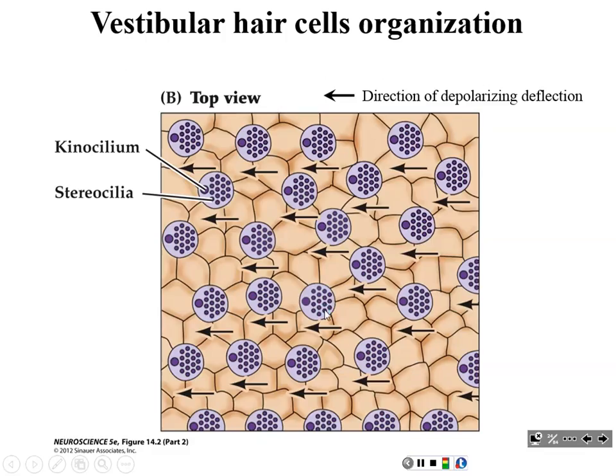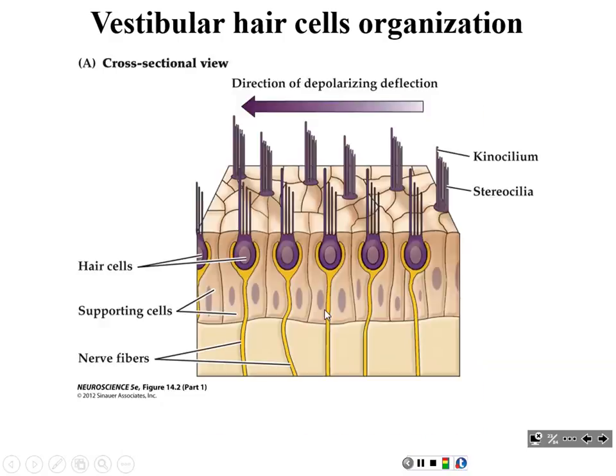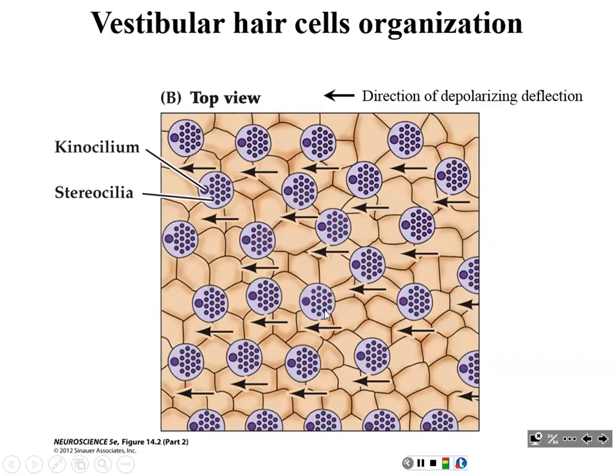Here we have a top view, so now we are going to be looking at this image from the top. Here is how they are oriented. And the arrows are pointing into the direction of the depolarization. Okay? So this is the way that hair cells are organized inside the vestibular system.